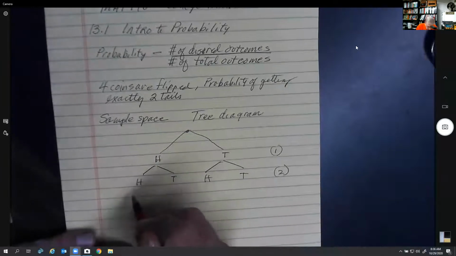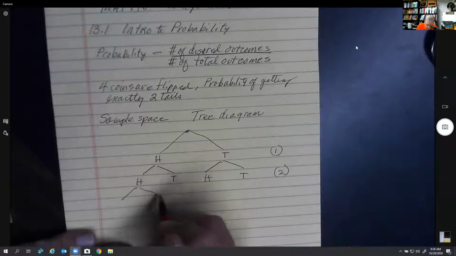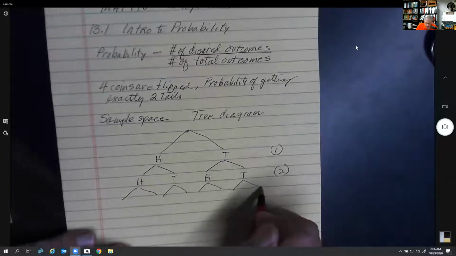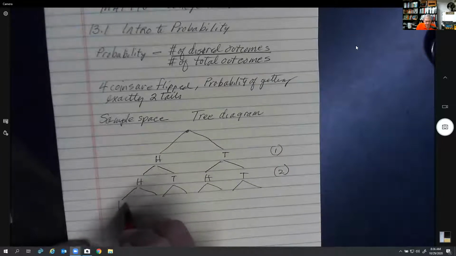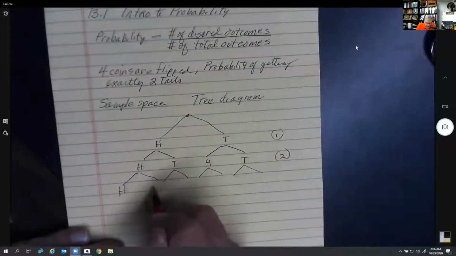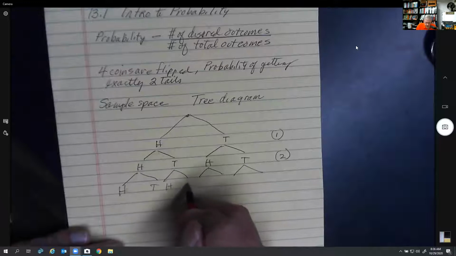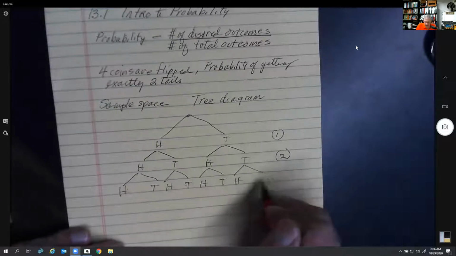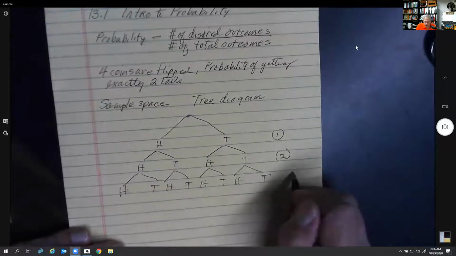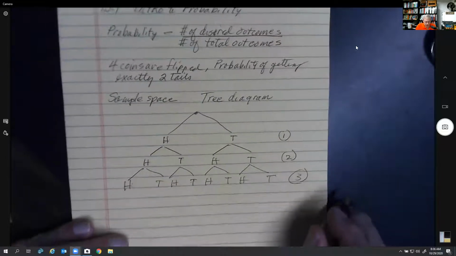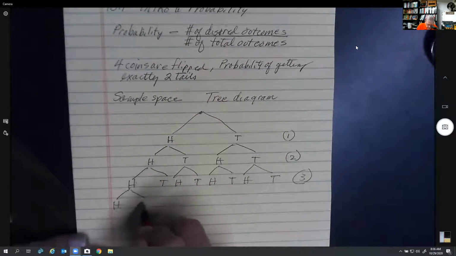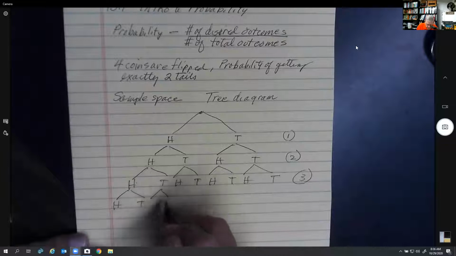Now I'm going to flip it again. Each one of these, I'm going to get a head or a tail, on the 3rd time. So now I'm going to flip it one more time. Head, tail. I don't want to run out of room here.